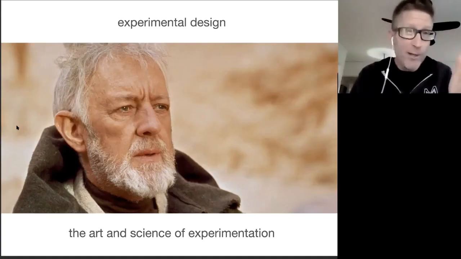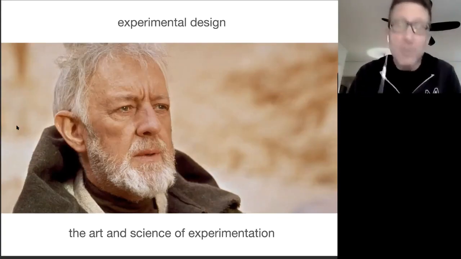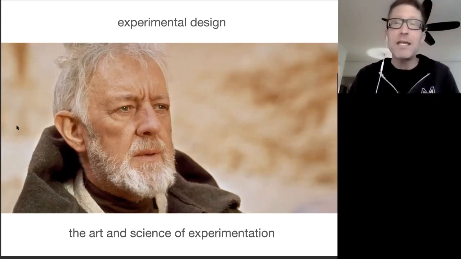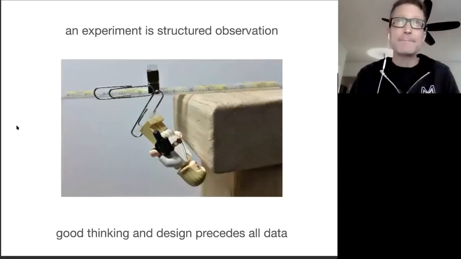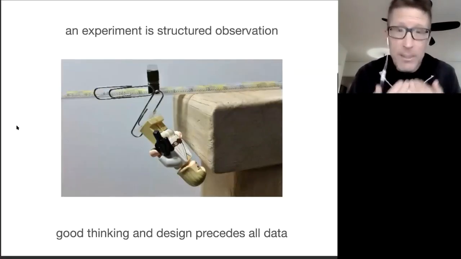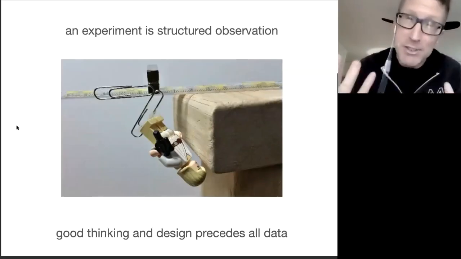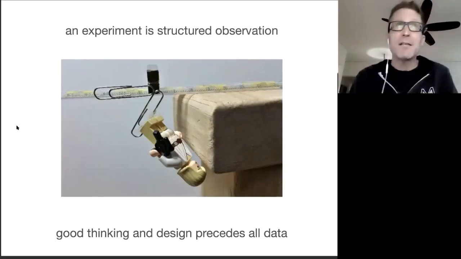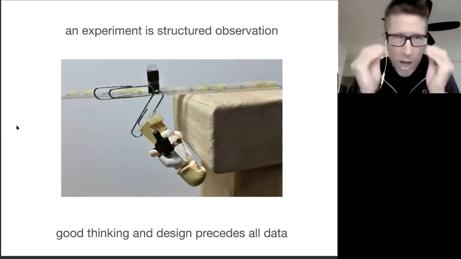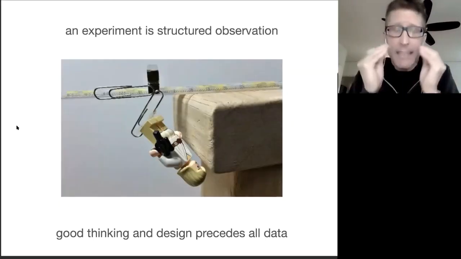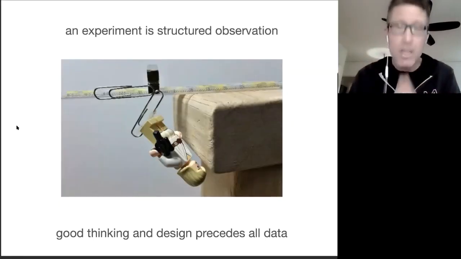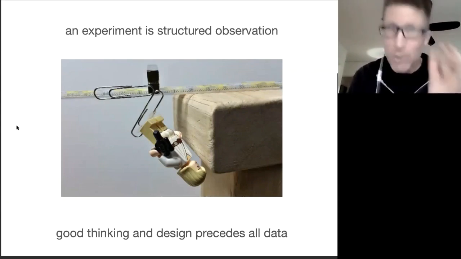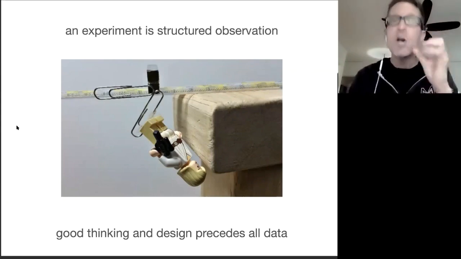The art part is, it's a really creative process, both in terms of learning and in implementing them. And for me, when I teach experimental design, and I do teach experimental design, it's simply structured observation. And in all exercises associated with structured observation, good thinking and good design precedes all data.